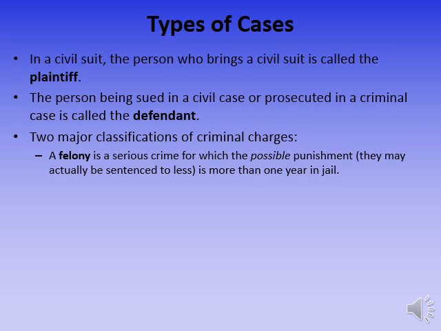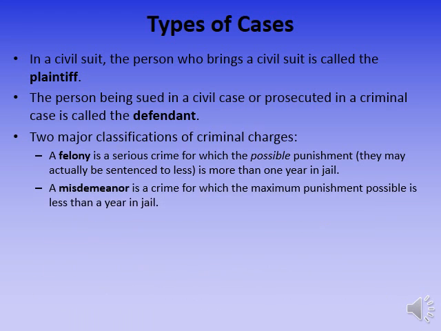And so if you commit some kind of crime and the possible punishment is longer than a year, that's a felony. And that's bad news because felonies are not something you want to mess around with. Less than a felony, we have what we call a misdemeanor. And so that's a crime, simply put. The maximum punishment possible is less than a year in jail. So pretty simple. If it's a year or more, it's a felony.